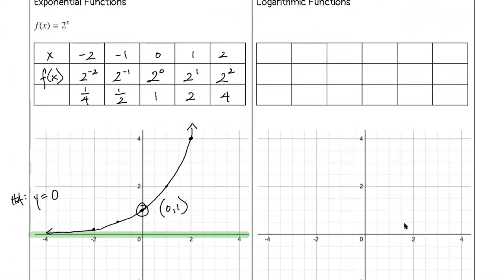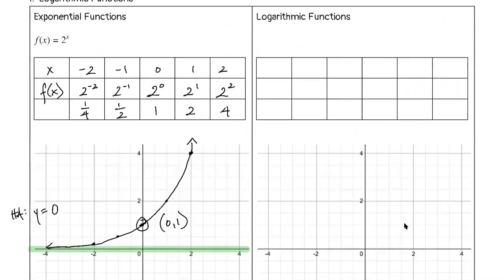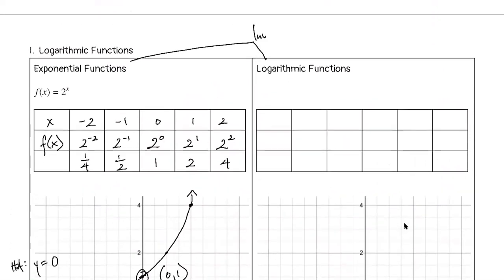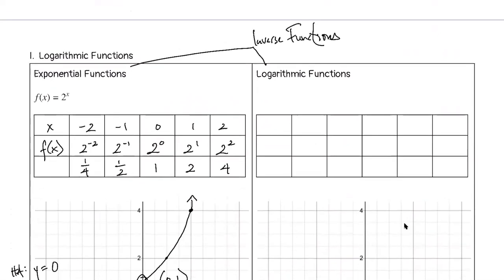Now, when we think about the logarithmic function, the reason exponentials and logs are in the same unit is because they are inverse functions. The word inverse function sometimes sounds fancy, but let's dial back to elementary school for a moment.